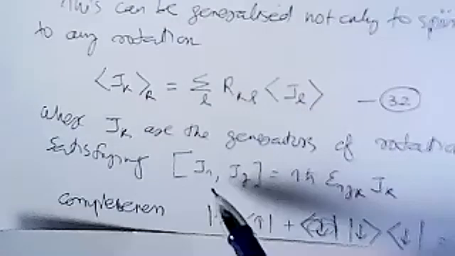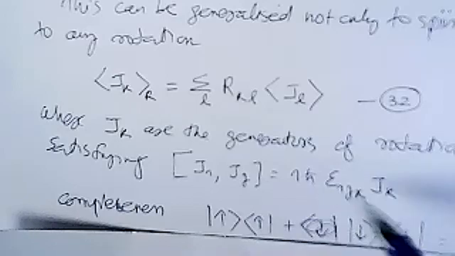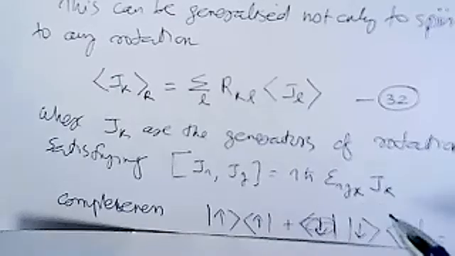Whatever the angular momentum, Jk are the generators of rotation, satisfying our fundamental definition Ji Jj equal to i h cross epsilon ijk Jk. Okay, is the idea clear?